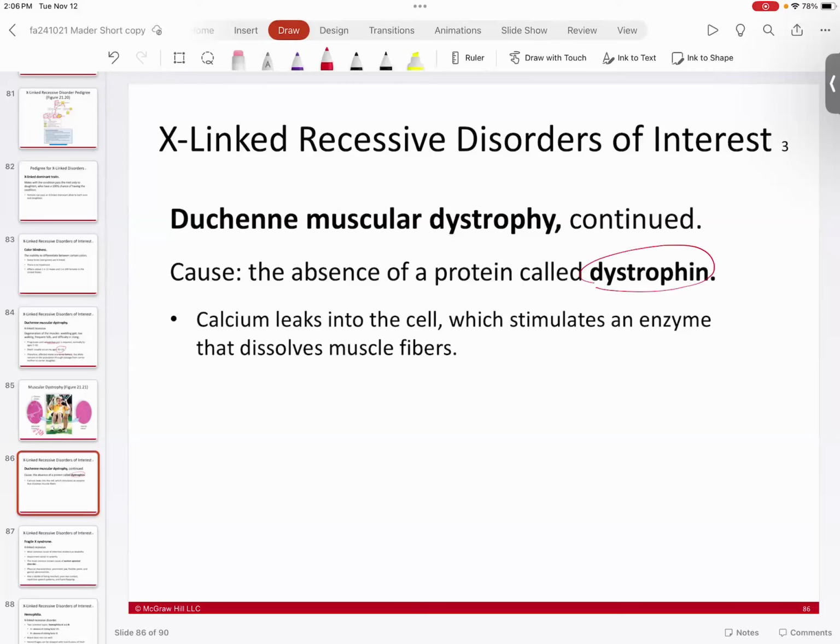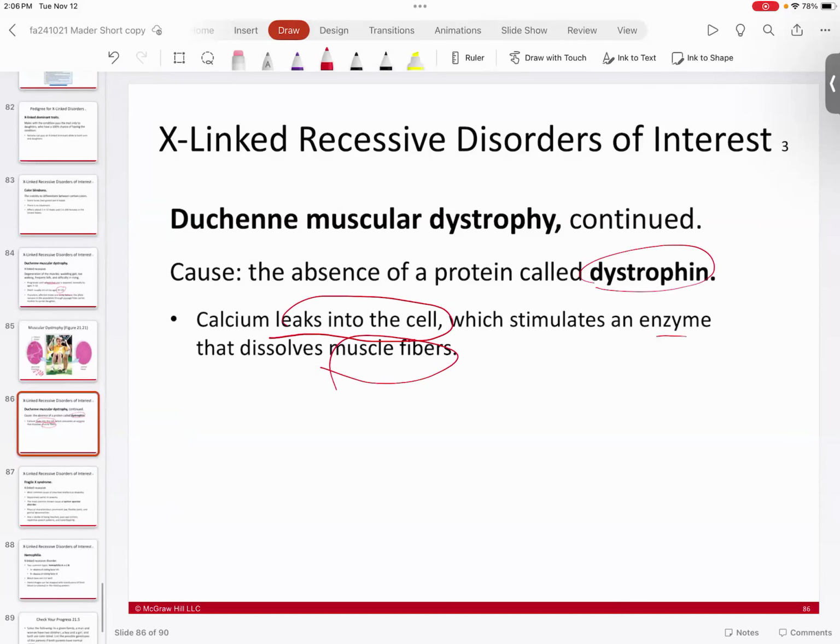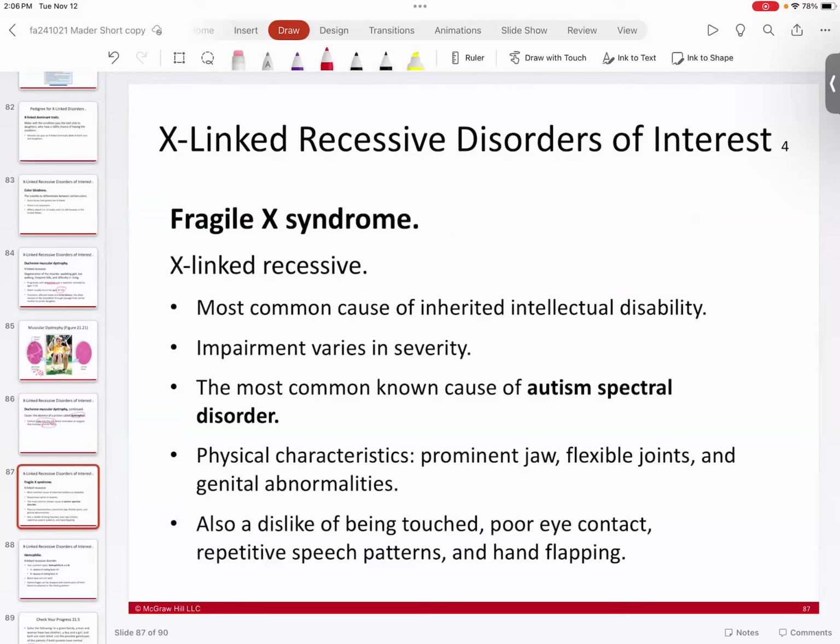And so ultimately what happens is calcium leaks into the cell, which basically stimulates an enzyme to dissolve muscle fibers. So you're kind of self-digesting muscle fibers, and that's where the muscle atrophy comes into play, a wasting away of musculature.